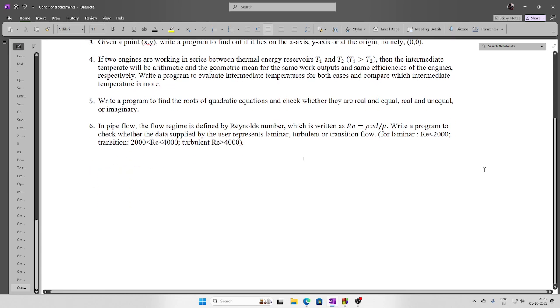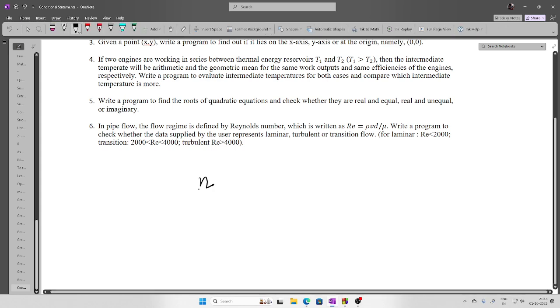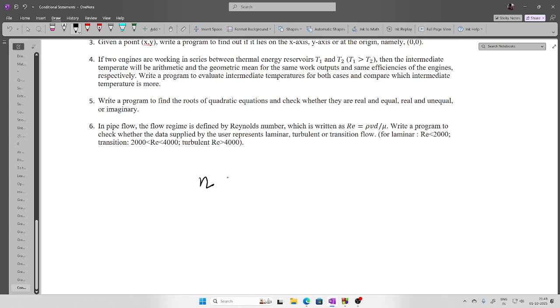Let's say the user enters one number, n. If I have to check whether this number is even or odd, I have to take the modulo operator of this with 2 and check whether the result is 0 or not.